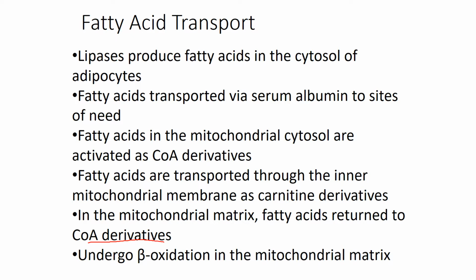We can have fatty acids with 4 to 8 carbons, for example, and these are short chain fatty acids. We can have up to 12 carbons in a chain. These are medium chain fatty acids. And then our longer chain fatty acids can be up to 16 carbons.